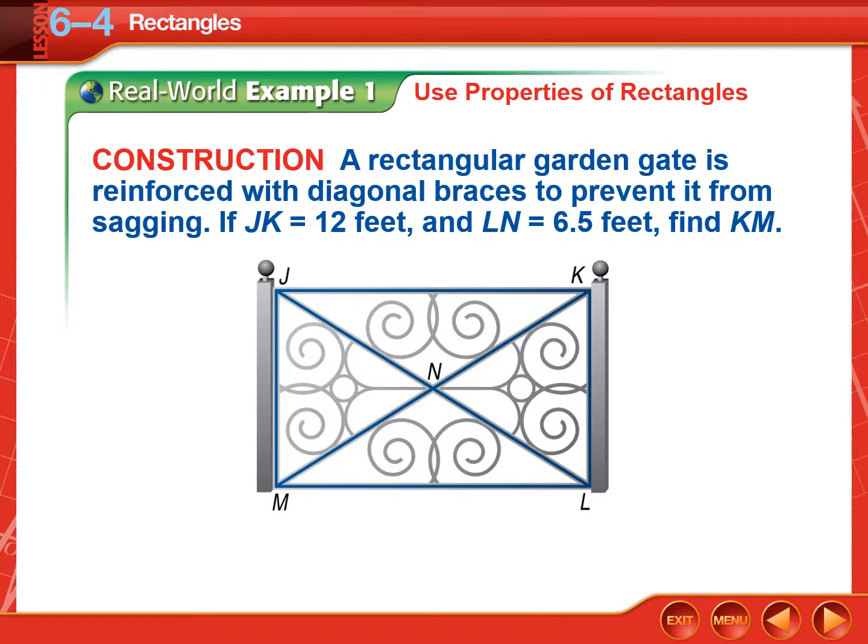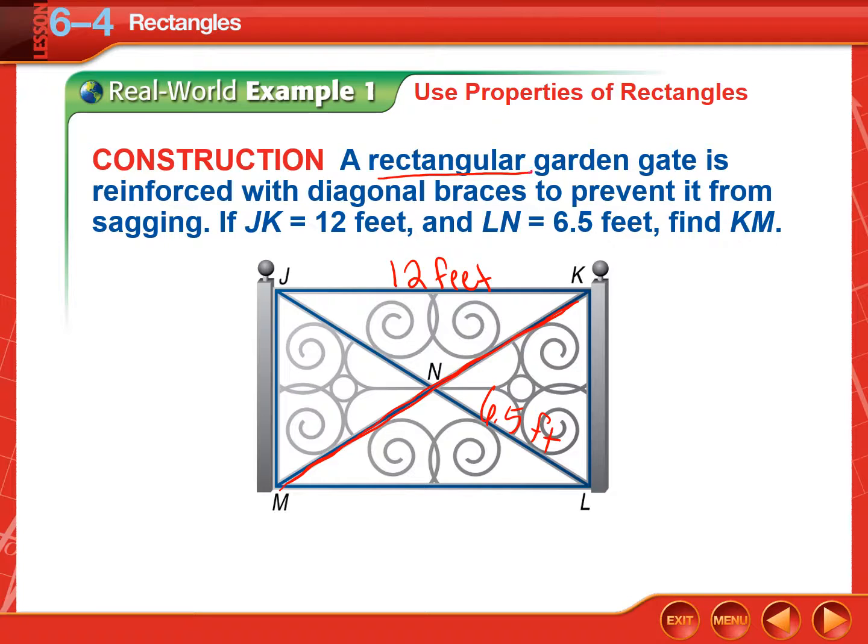So example number 1 says a rectangular garden gate is reinforced with diagonal braces to prevent it from sagging. If JK is 12 feet, so here's 12 feet, and LN is 6.5 feet, okay, find KM. So that's this entire thing. Okay, so remember diagonals are congruent in a rectangle.